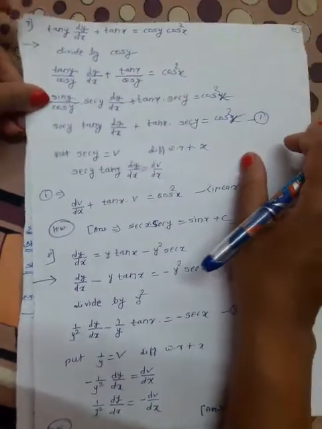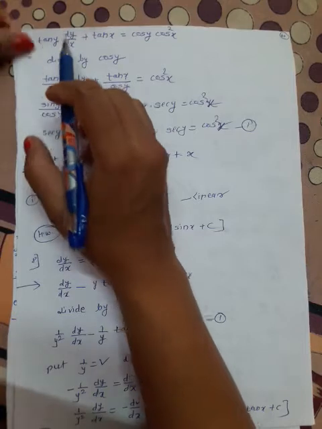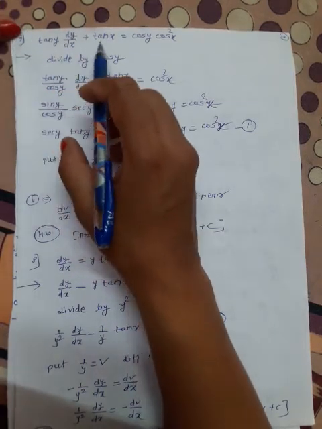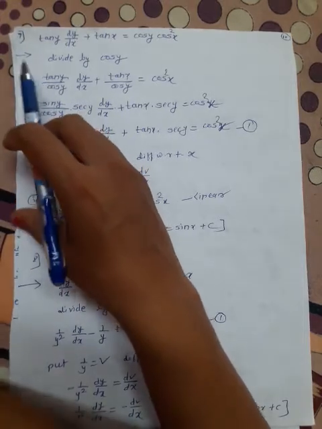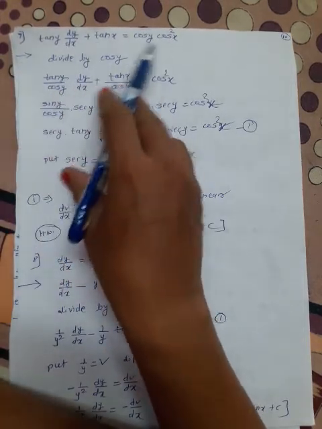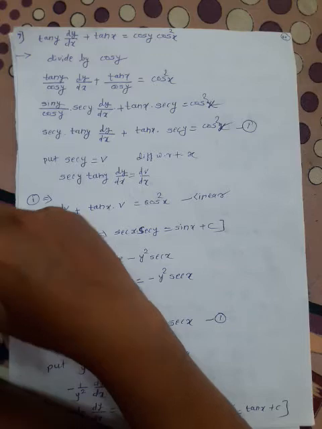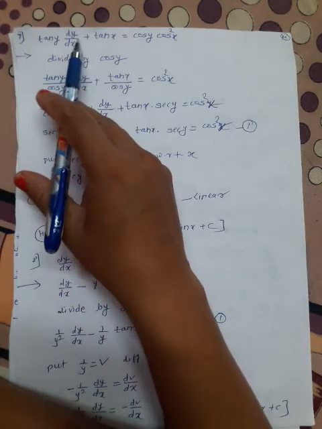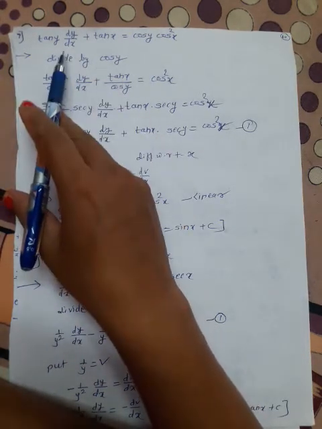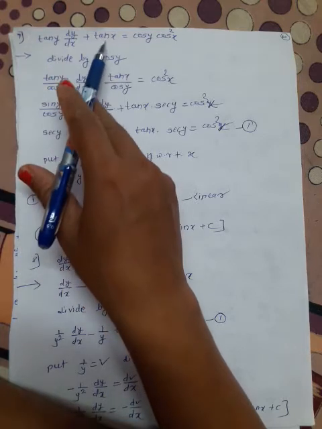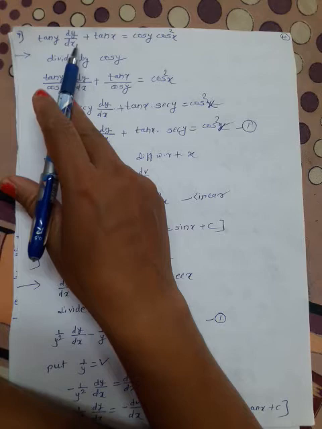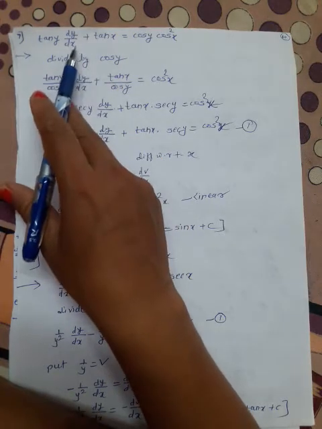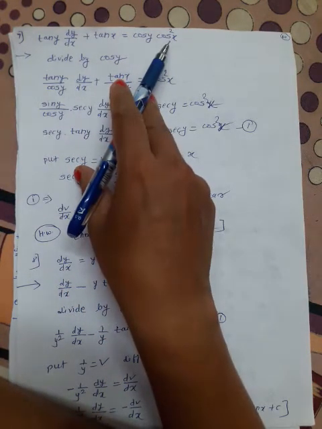Now next example, tan y into dy by dx plus tan x is equal to cos y cos square x. Now if you observe, this is a dy by dx linear form, okay, but here on RHS side only the function of x we have there, we have to adjust.